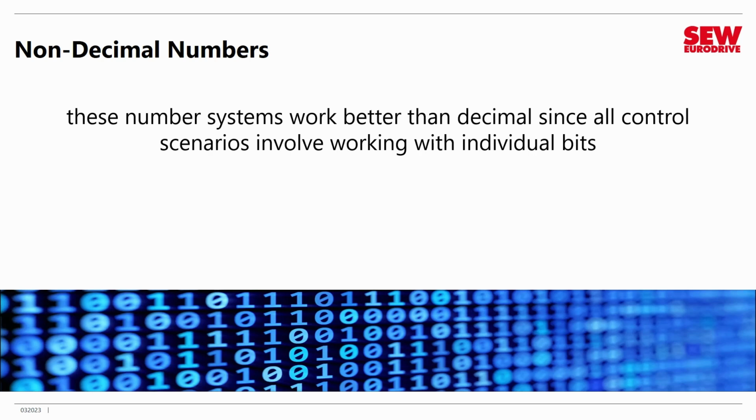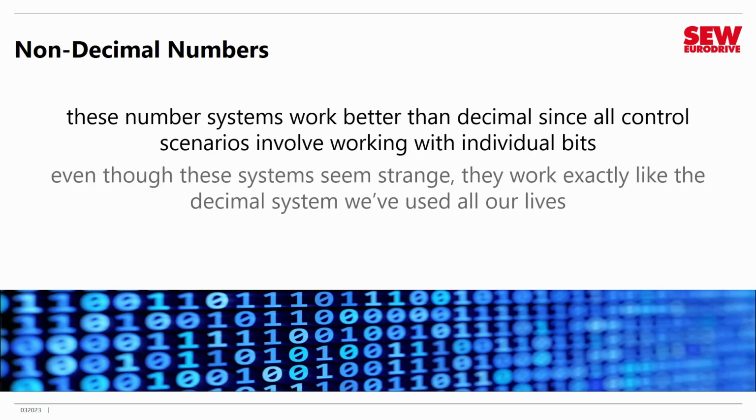So bits are really just part of the control world, and binary and hexadecimal are just better number systems for that. Now, even though these systems may seem strange to you if you've never worked with them before, they actually work almost identically to the decimal system we've used all our lives. You just have to see past the strangeness a little bit.